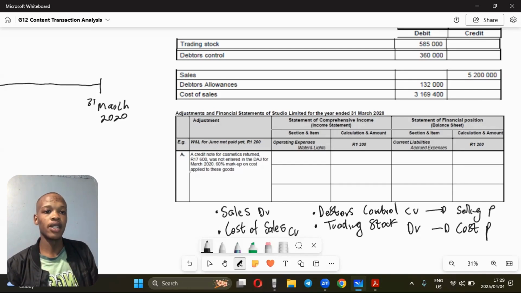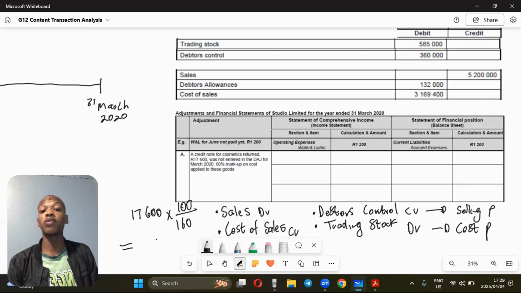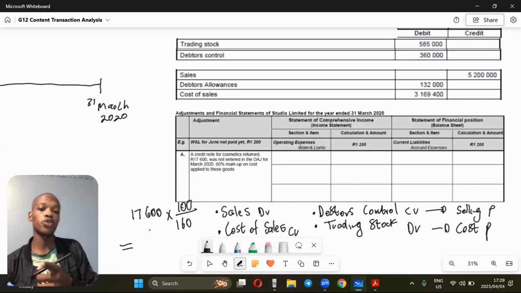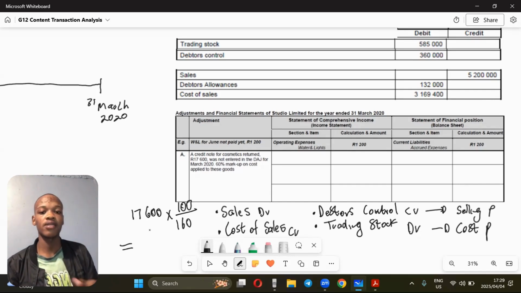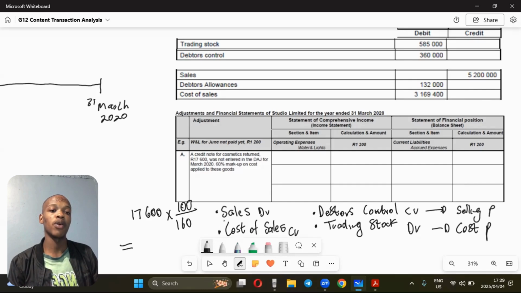Let's go with that. 17,600 multiplied by, we are looking for cost, and we are already given the selling price, so 100 over 160. Remember the formula to calculate selling price, cost price, sales or cost of sales. Make sure you know that formula. If you don't know it, let me know and I will share it with you at some point.